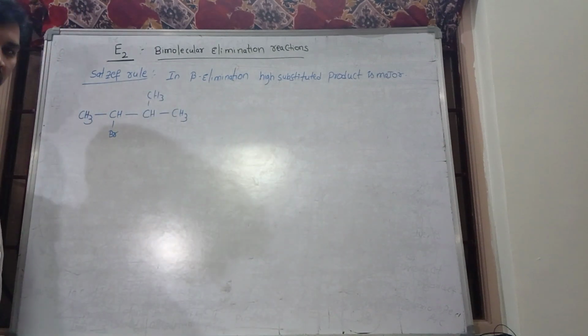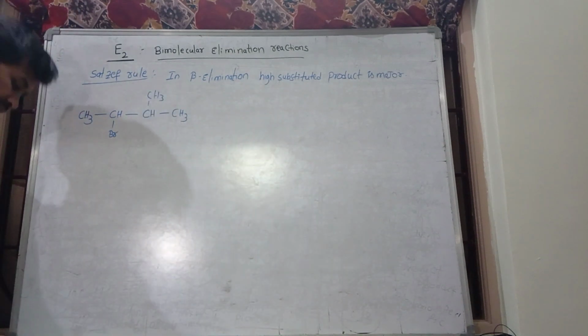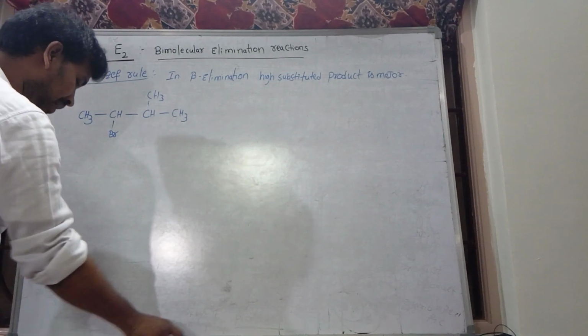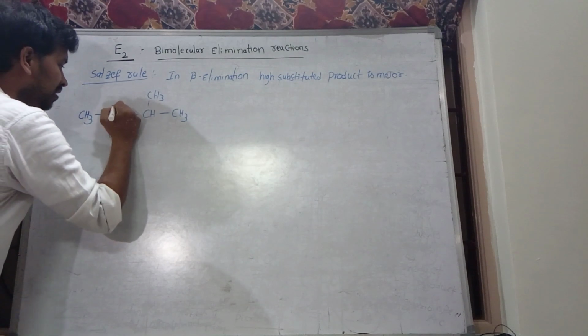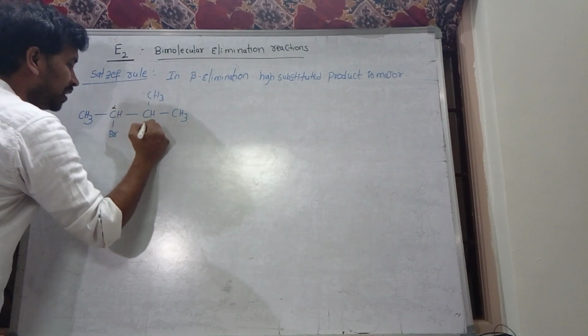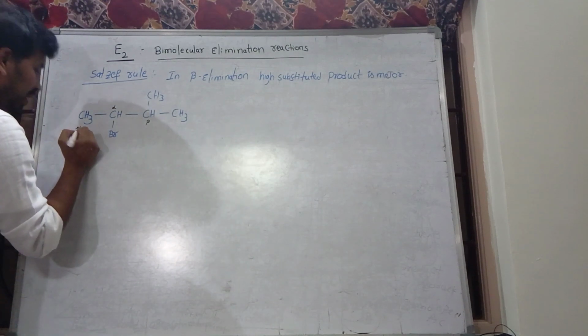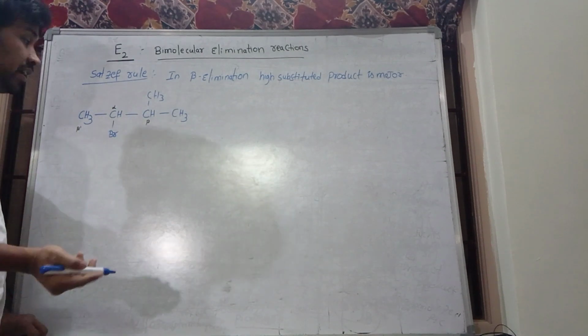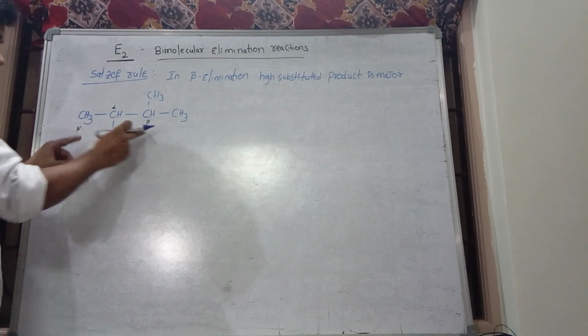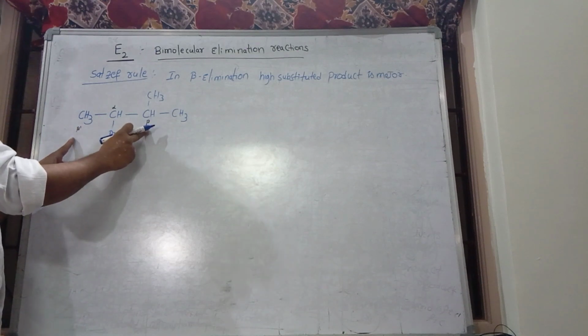It is a beta elimination. What is meant by beta elimination? The hydrogen is eliminated from the beta carbon. See, the halogen-bearing carbon is the alpha carbon, this is the beta carbon, and this is also a beta carbon. Two beta carbons here, so hydrogen can be eliminated from either this carbon or this carbon.